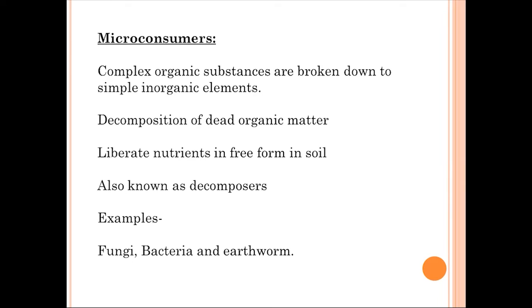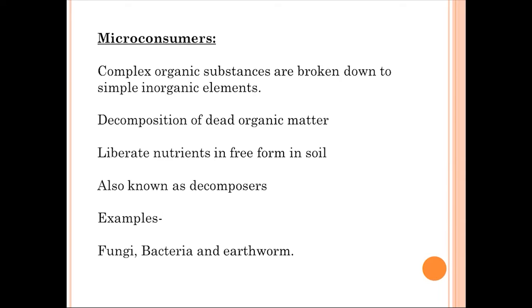Now, micro consumers will act upon these complex organic substances and will break them down into simple inorganic elements like carbon, hydrogen, oxygen, then nitrogen also, and other elements, phosphorus.